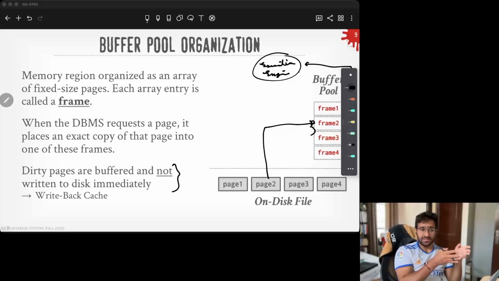There is a steal policy and there is a no steal policy: do you want to steal pages from the buffer pool and then write them out to disk, or you don't want to do that? But we'll get to that when we study recovery algorithms. Just know that buffering your dirtied pages in the Bufferpool and not immediately writing them out to disk is a better choice than forcing, like when I write, I also persist it to the disk.